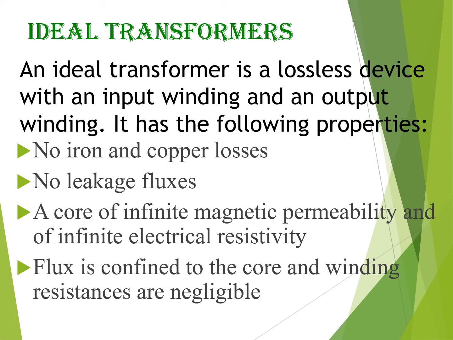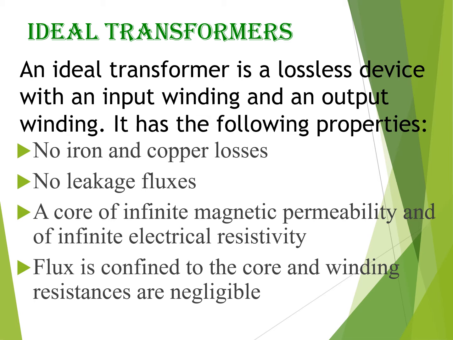No iron and copper losses. No leakage fluxes. A core of infinite magnetic permeability and of infinite electrical resistivity. Flux is confined to the core and winding resistances are negligible.